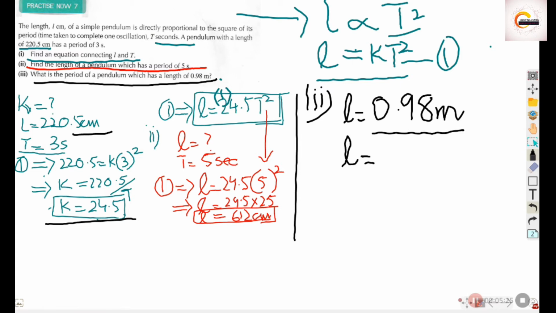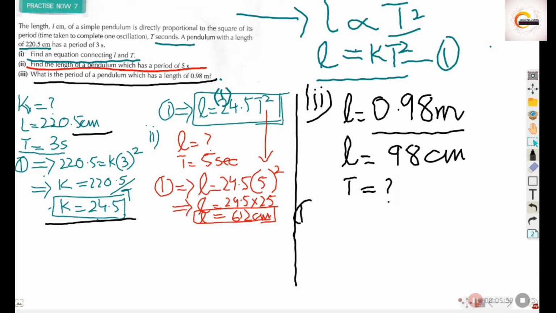We know that 1 meter is equals to 100 centimeter, so 0.98 multiplied by 100 is 98 centimeter. Now we have to find the value of T, that is unknown to us.